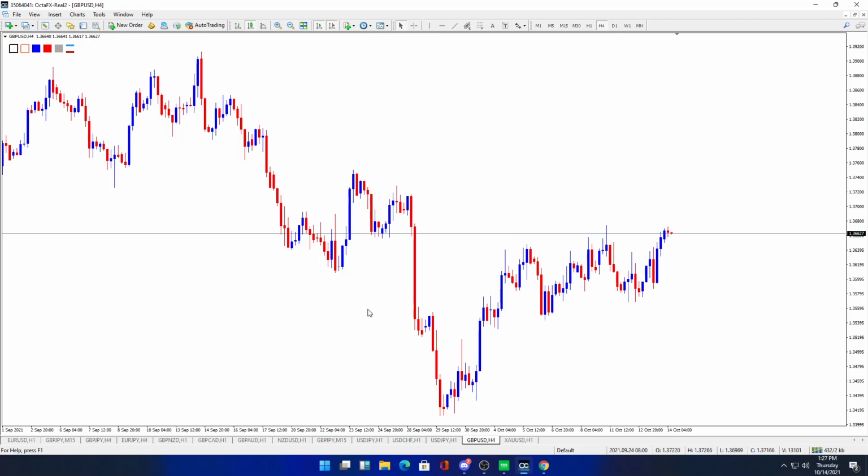What we can do: every pair's move is not in one direction. It doesn't just go up all the way. The behavior of the market always has impulse and corrective moves. They will do impulse and corrective many times.